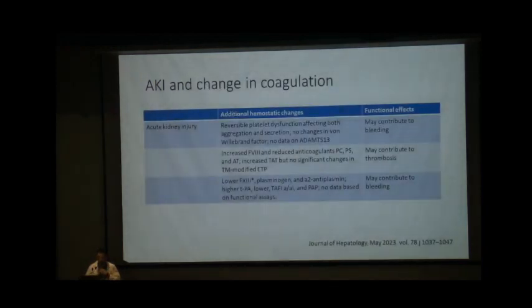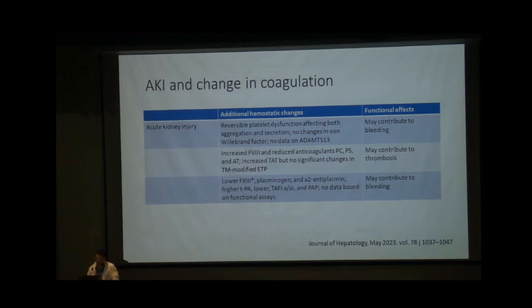So to summarize, the changes which take place in coagulation in AKI, at the primary, secondary and tertiary level: there is reversible platelet dysfunction affecting both aggregation and secretion. However, there is no change in von Willebrand factor, and this contributes to bleeding.